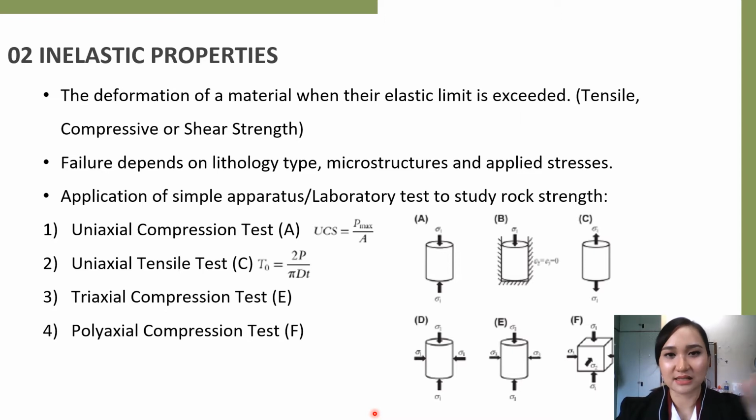This is a test that simulates the in situ loading of rock in actual field conditions. We can see the example in F. Of course, there are a lot of other methods and laboratory tests that we can conduct in order to further study the rock strength or its UCS.